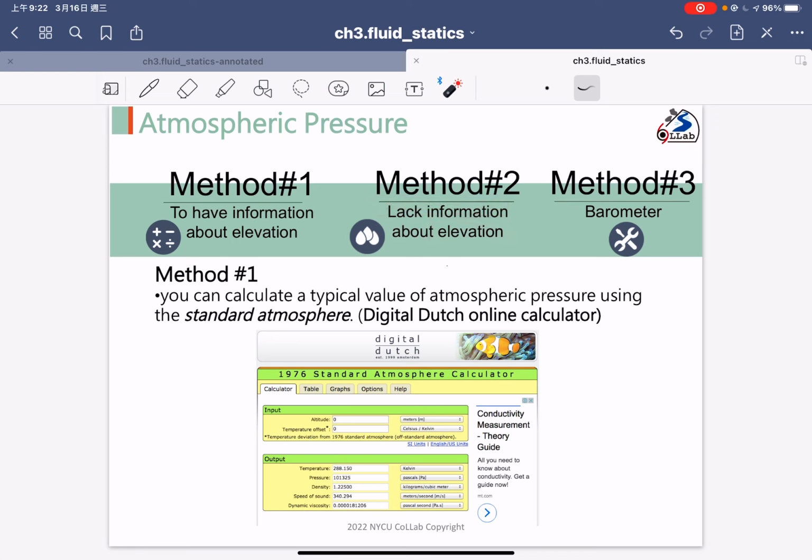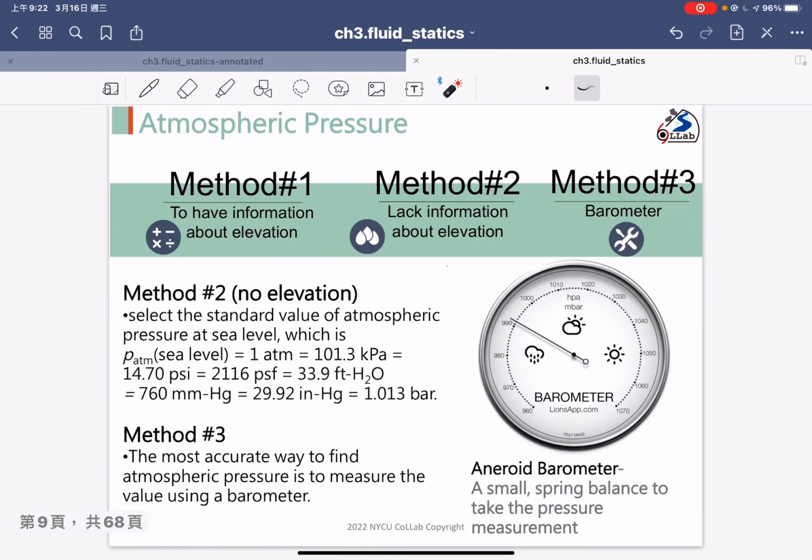And method two: you don't have the altitude, how can you calculate the pressure? Okay, it's quite simple. You can make some assumptions.